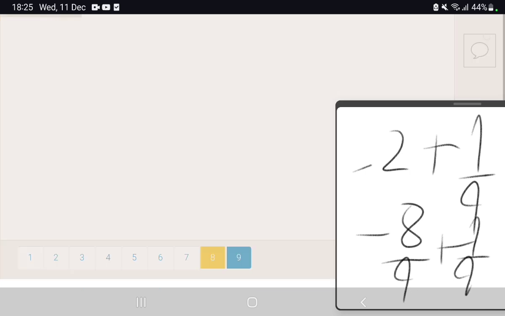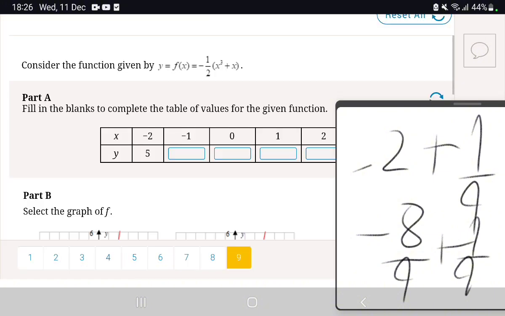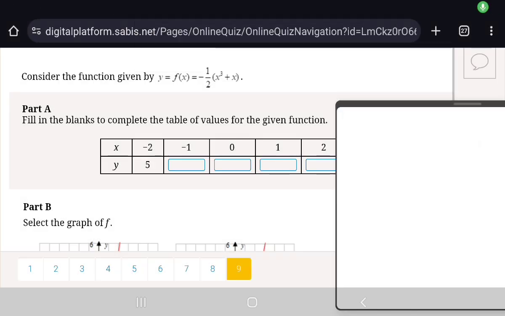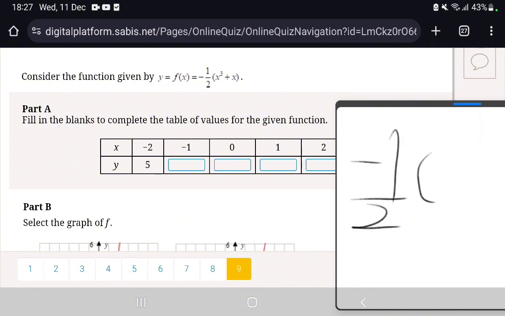Number 9. For the final question, this one will need a calculator. So if we substitute x by negative 1, we'll get negative 1 over 2 times negative 1 minus 1, which will be negative 2, which is 1.